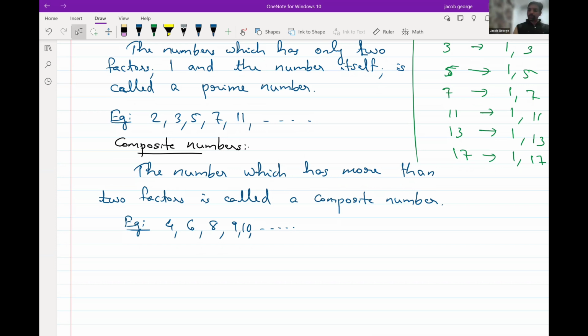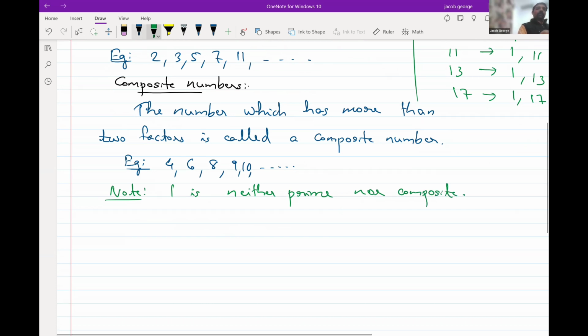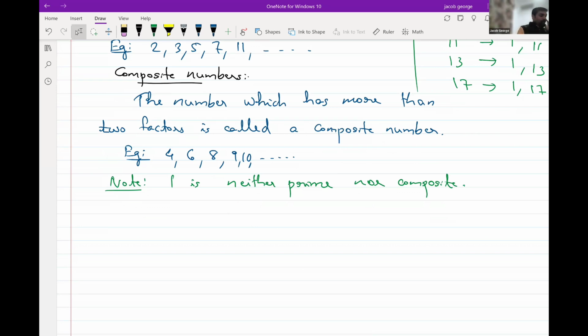Before our first theorem, about 1, we have to write a note. Please write: 1 is neither prime nor composite.